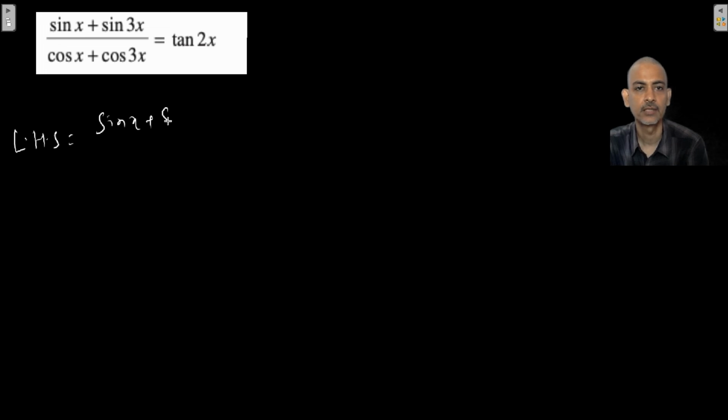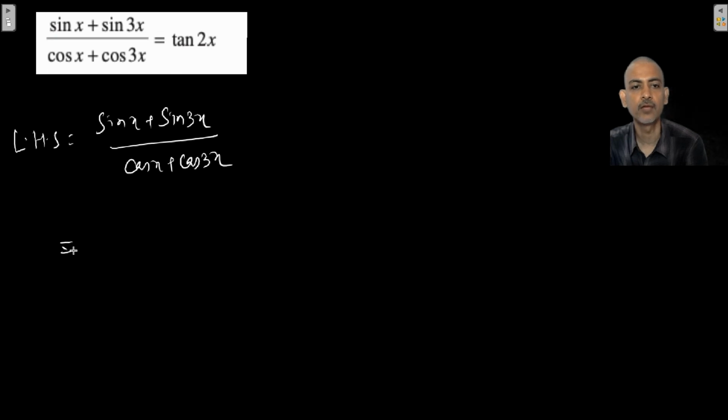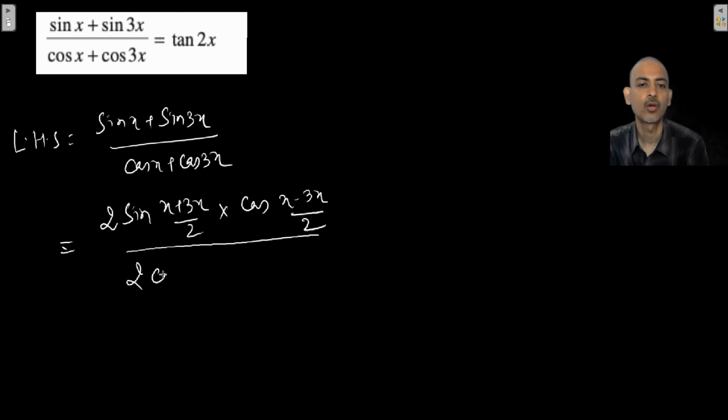Sin x plus sin 3x divided by cos x plus cos 3x. So this is the formula for sin c plus sin d. So I'll get 2 into sin of c plus d by 2, which is x plus 3x by 2, into cos of x minus 3x by 2, and divided by 2 of cos of x plus 3x by 2 into cos of x minus 3x by 2.